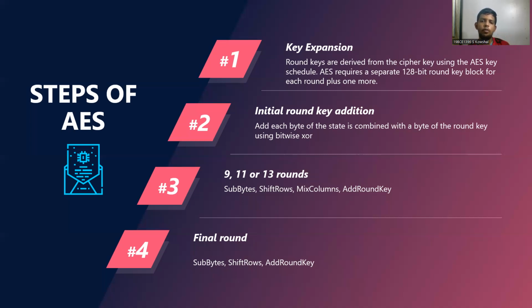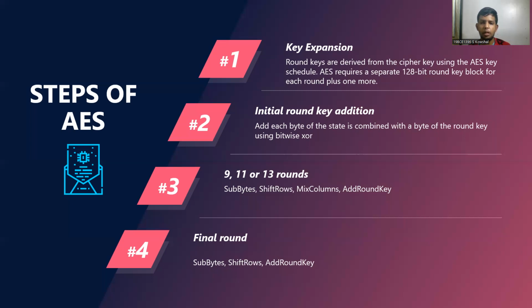Then we have the rounds up to round 9, 11 or 13, based on the size of your key. As I said, 10 rounds for 128 bit, 12 rounds for 192 bit, and 14 rounds for 256 bit. So 9, 11 and 13 is n minus 1 rounds. Until n minus 1 rounds, I perform the following operations. First is the sub bytes operation. Then the shift rows operation.